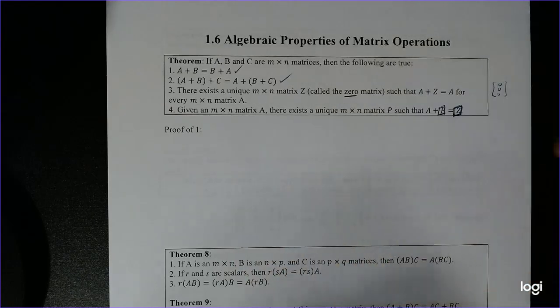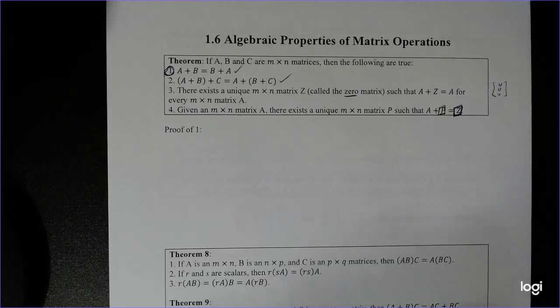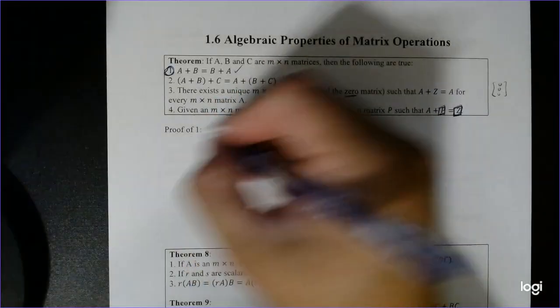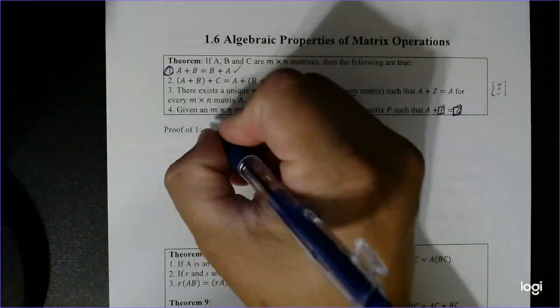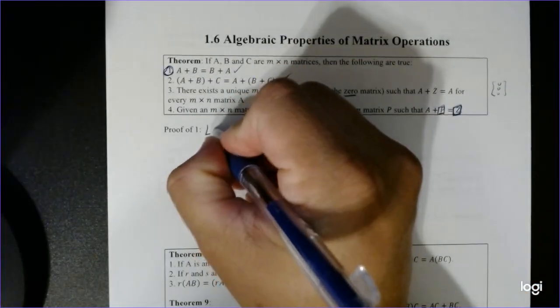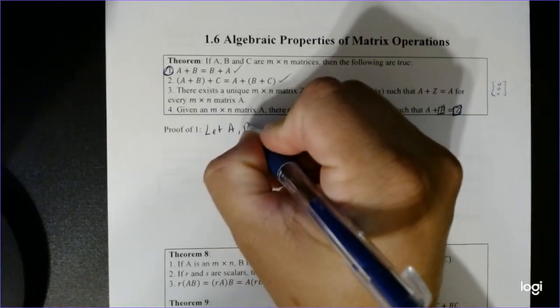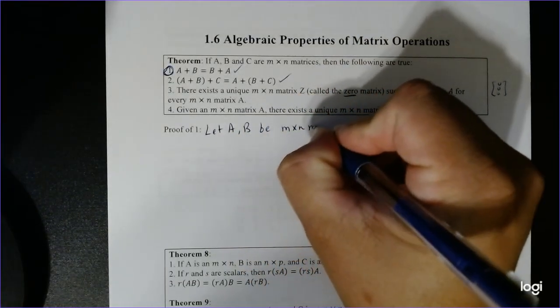Okay, so we're going to prove the first property in this theorem, that A plus B equals B plus A. How you want to start these types of proofs, especially in linear algebra, is with basically what the theorem tells you. So let A and B be m by n matrices.